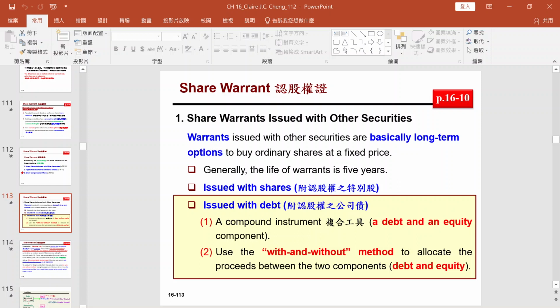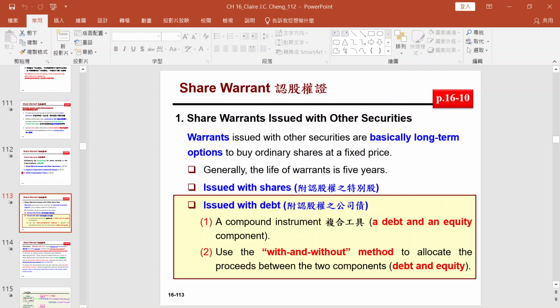But don't forget, when we issue share warrants with bonds, every time we talk about equity plus liability, these two are not the same.